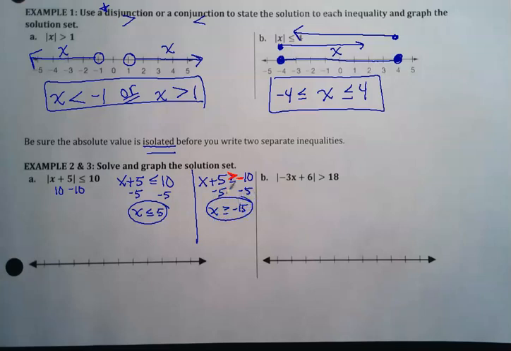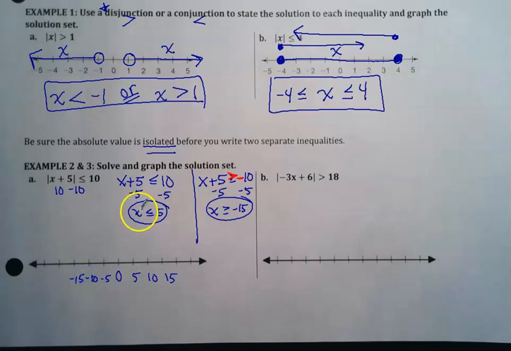All right, so if I was to graph this, let's see, negative 15 to 5. So we can do 0, 5, 10, 15, and then negative 5, negative 10, negative 15.